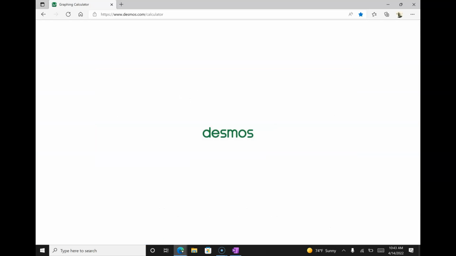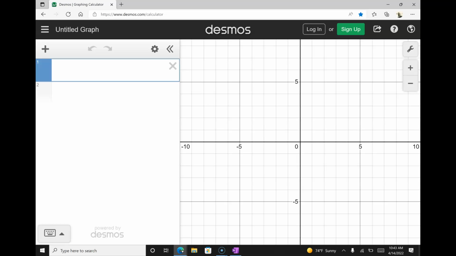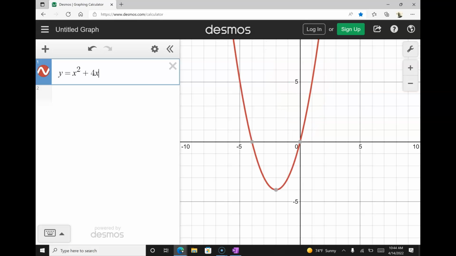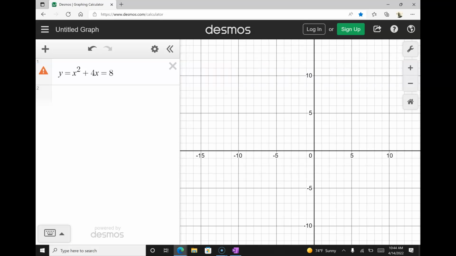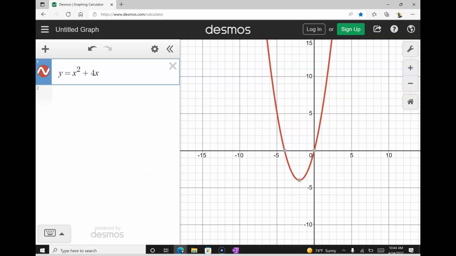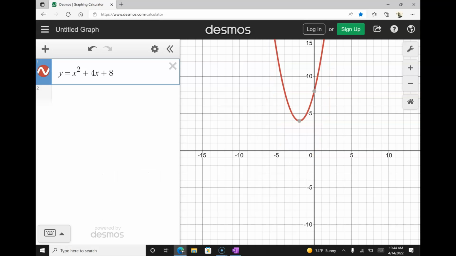And I want to look at that polynomial and see if it can be negative. Y equals x squared plus 4x plus 8. No, can't be negative. Which also means I know it has no roots, right?